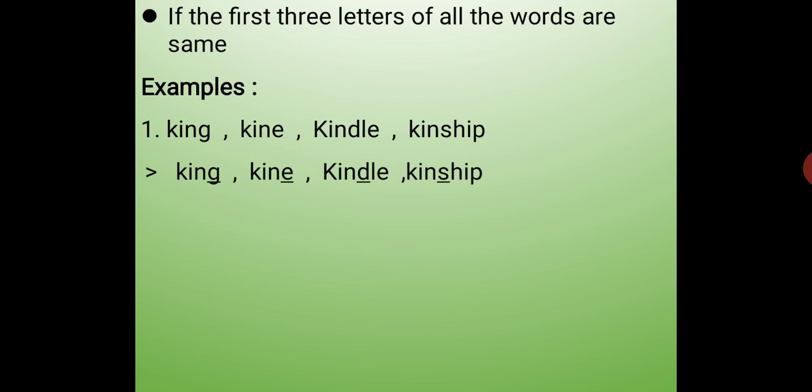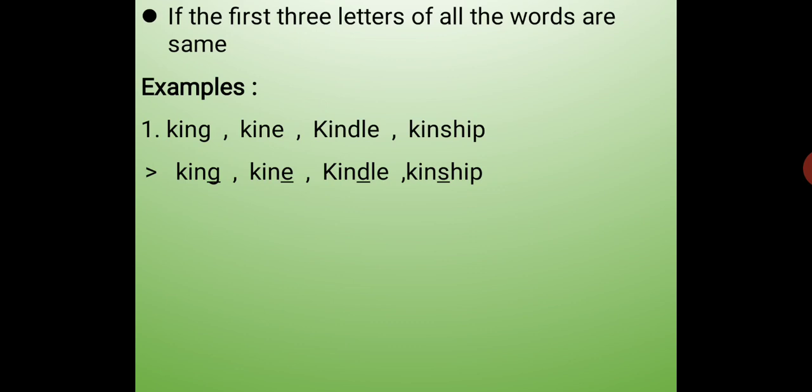From these 4 letters, which letter comes first according to the alphabetical sequence? You have to arrange them as per their sequence and then write them in order. So tell me, which letter comes first?